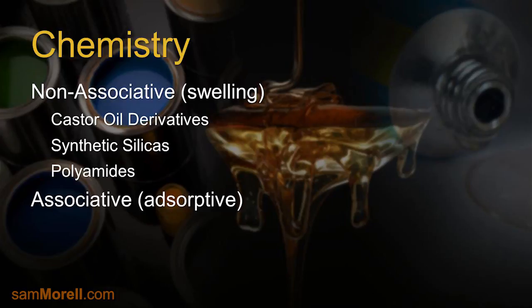The associative types of rheological agents include oxidized polyolefins and hydrophobically modified ethoxylated urethanes, or HEURs. And there are many other types, like HASE, hydrophobically modified alkali swellable emulsions, and HEURASE, hydrophobically modified ethoxylated urethanes with an alkali swellable emulsion component.